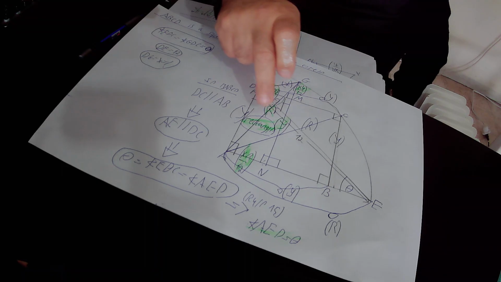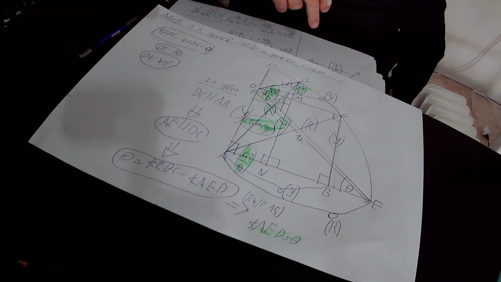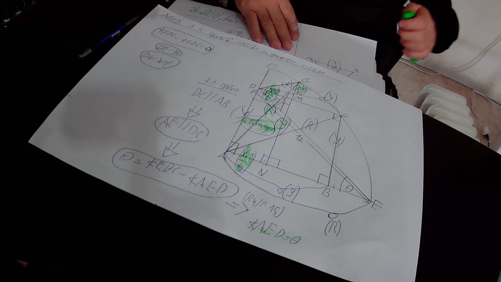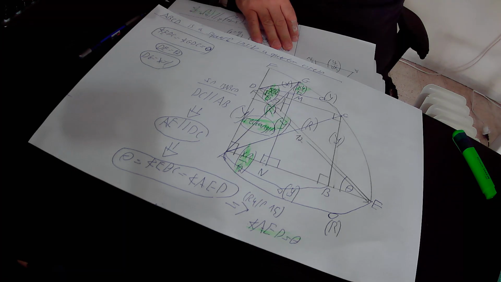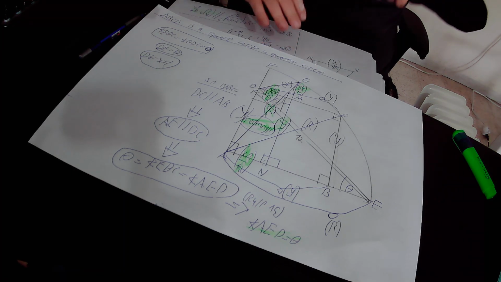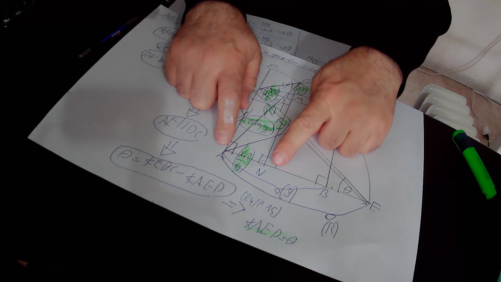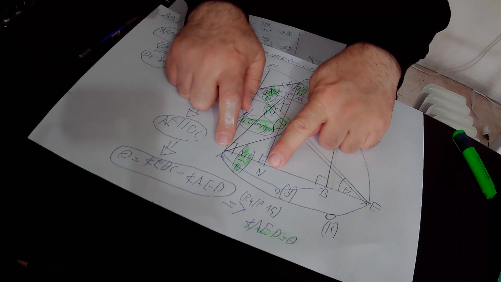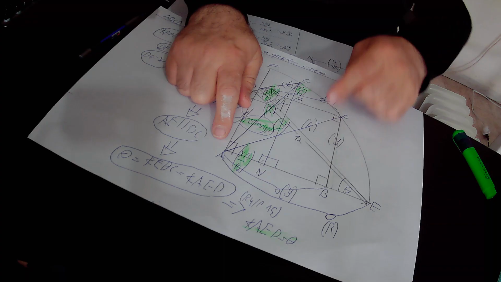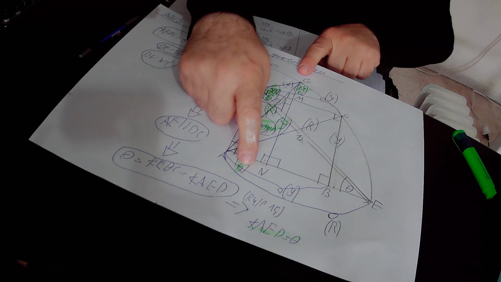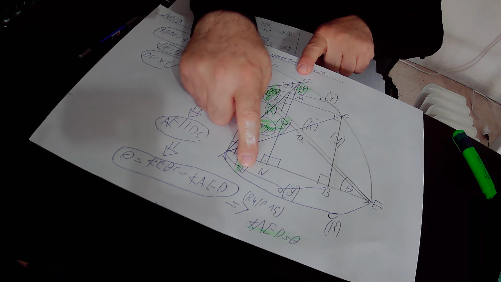So I copied this right triangle AGN in the new page, and we apply the Pythagorean theorem to this right triangle AGN. We just found out that the hypotenuse AG equals r. We have already found out that AN equals XR over 12. And finally, GN equals GM plus MN.